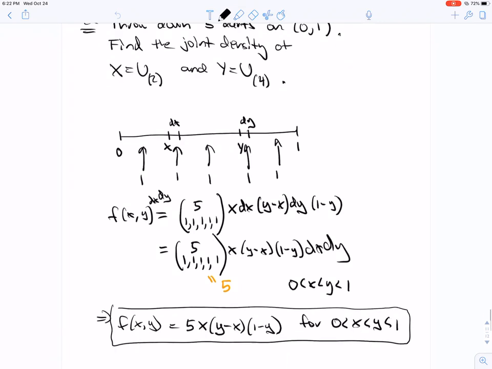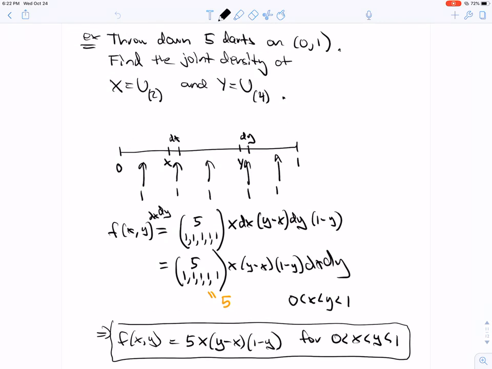So to tie everything together with what we've done today, say you throw down 5 darts on 0, 1. Find the joint density of x, the second order statistic, and y, the fourth order statistic. So here x comes before y because x is the second order statistic and y is the fourth. So I have x and y in my unit interval here.